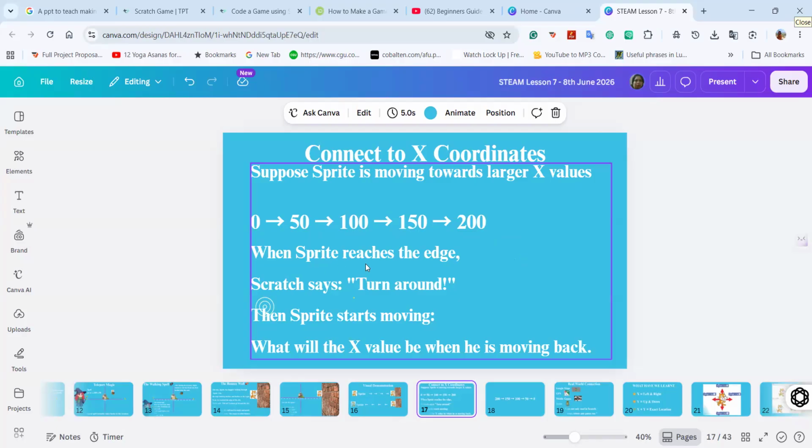When the sprite reaches the edge, Scratch says turn around. Then the sprite starts moving. What will the X value be when it is moving back?